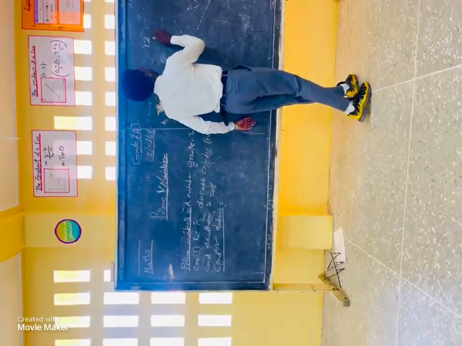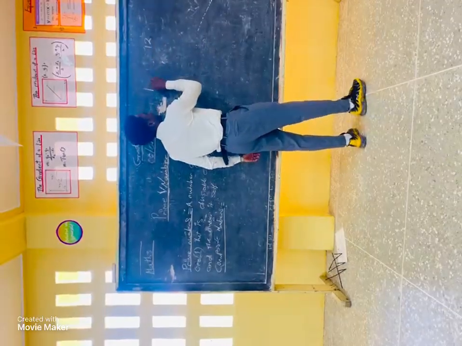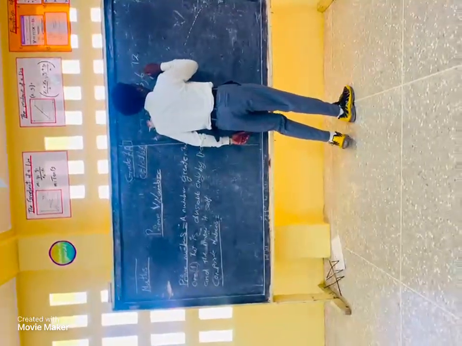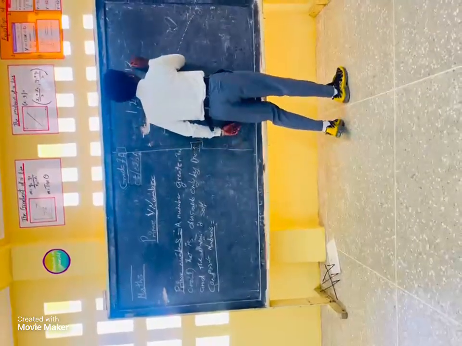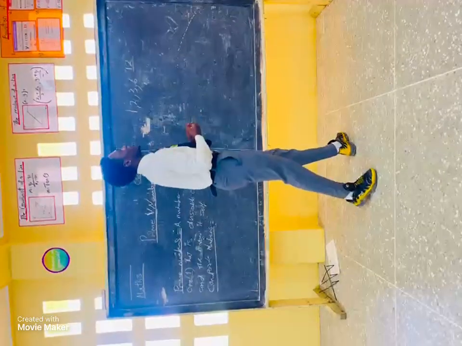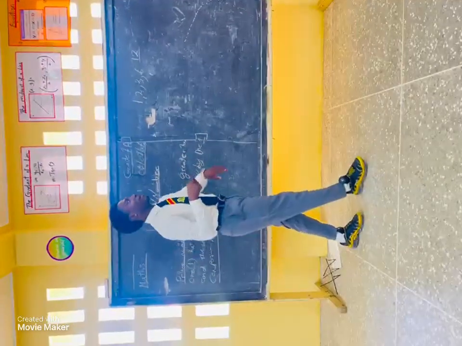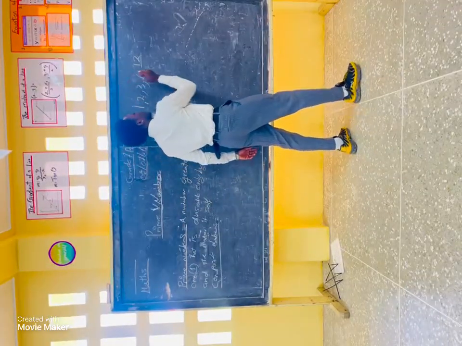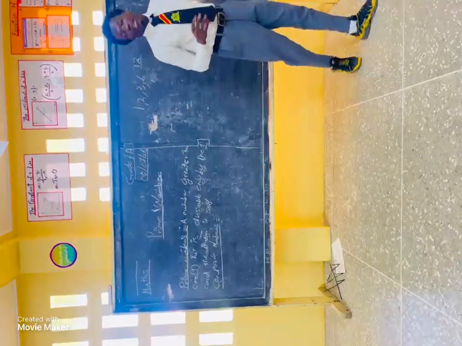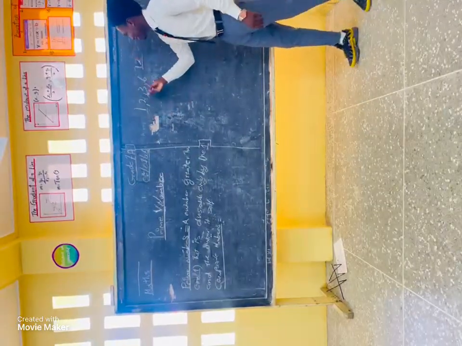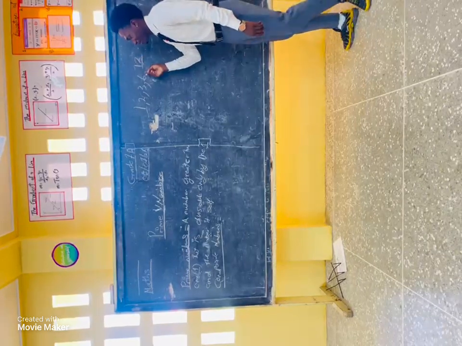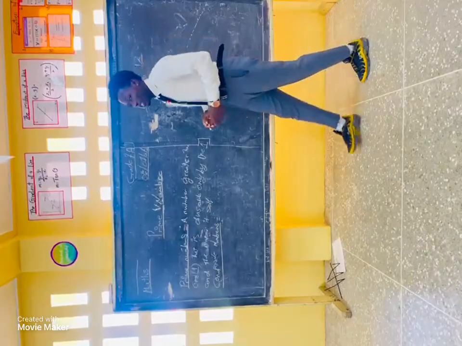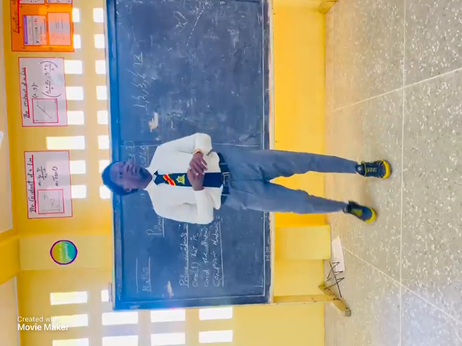Some factors of 12 are 1, 2, 3, 6, and 12 itself. Looking at this example, you'll see that this is composite because it has more factors that exist outside of 1 and 12, which makes it composite.